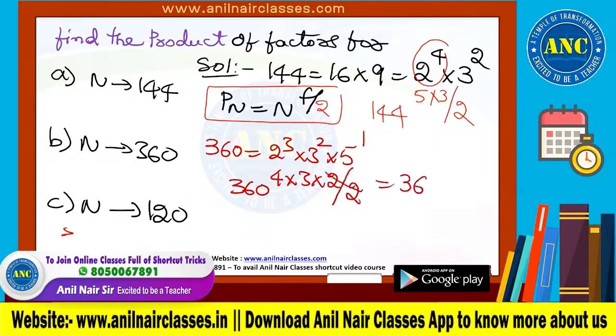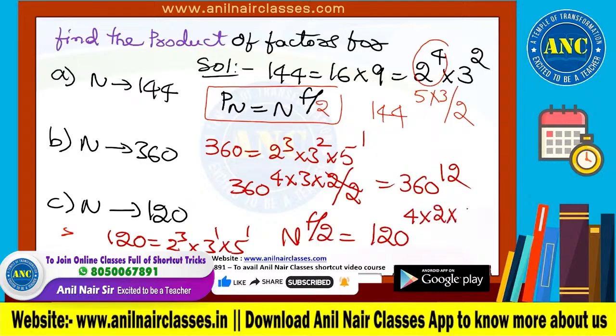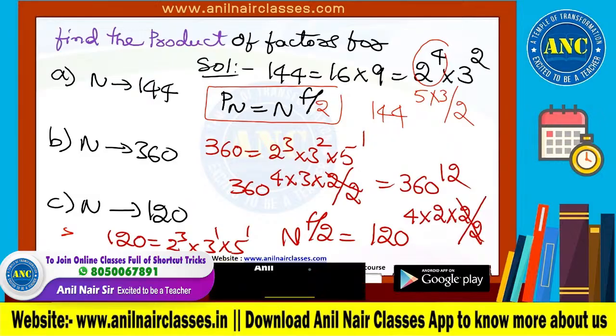Answer is 360 power 12. Next is 120. 120 is 8 into 15. Answer is number power number of factors by 2. 120 power, 3 will become 4, it is 2 into 2 divided by 2. 120 power 8.